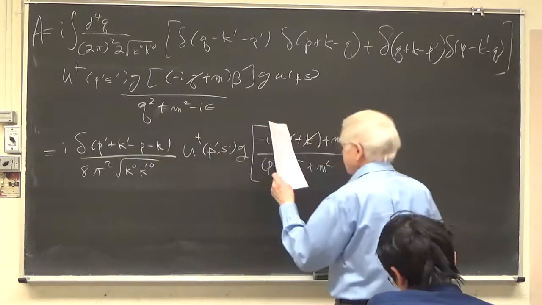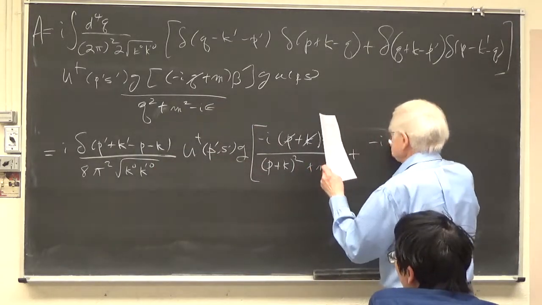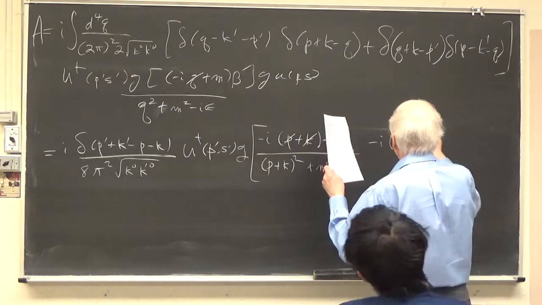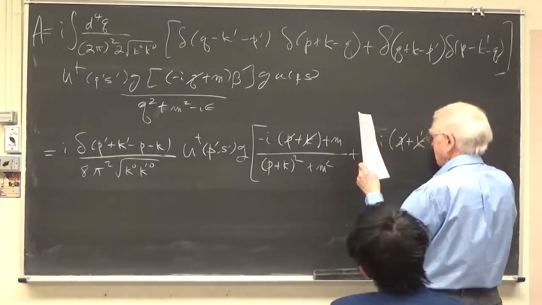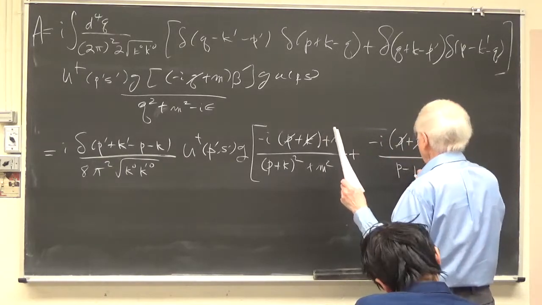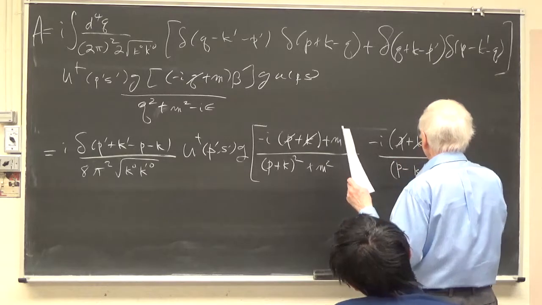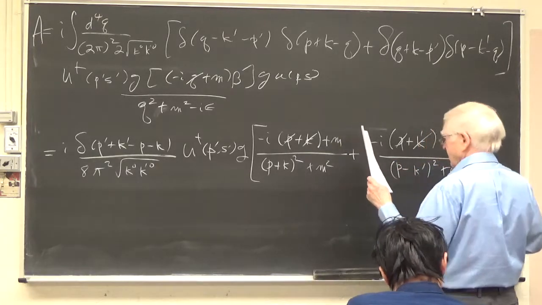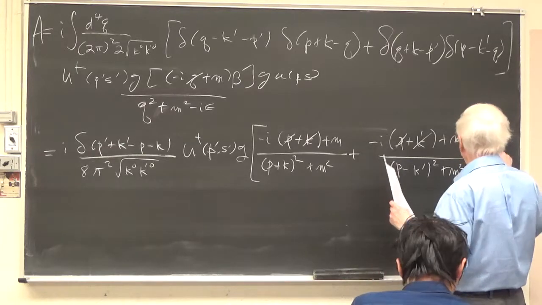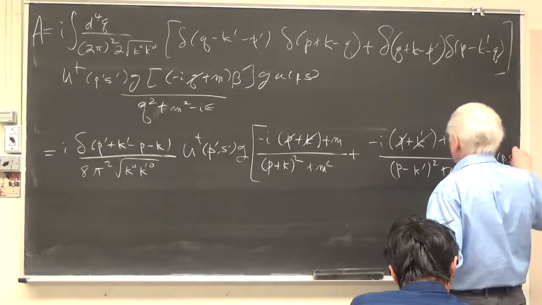And the other one is minus i, p slash plus k prime slash plus m over (p minus k prime) squared plus m squared, beta G, u of p and s.